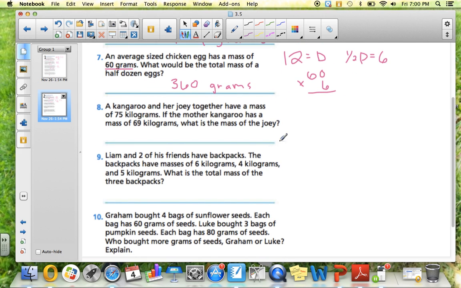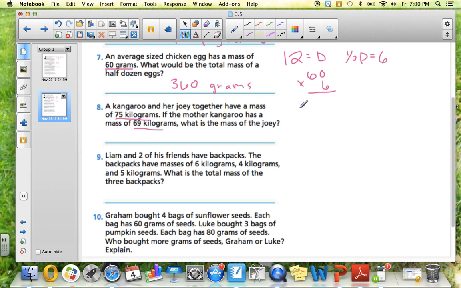Number 8. A kangaroo and her joey together have a mass of 75 kilograms. If the mother kangaroo has a mass of 69 kilograms, what is the mass of the joey? The joey is the baby kangaroo, if you didn't know that. So they have a mass of 75 kilograms together. The mother weighs 69 kilograms, so what is the mass of the joey?